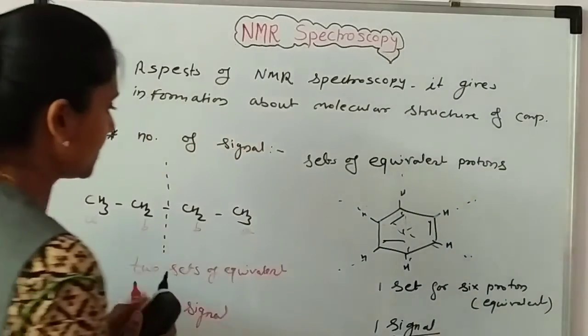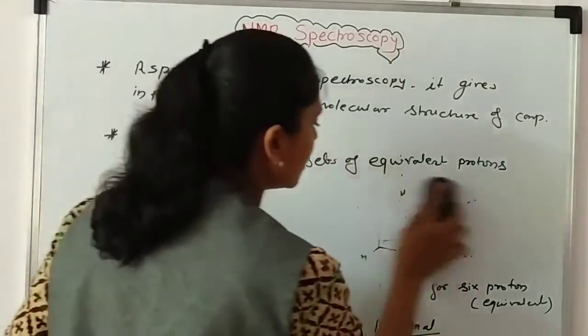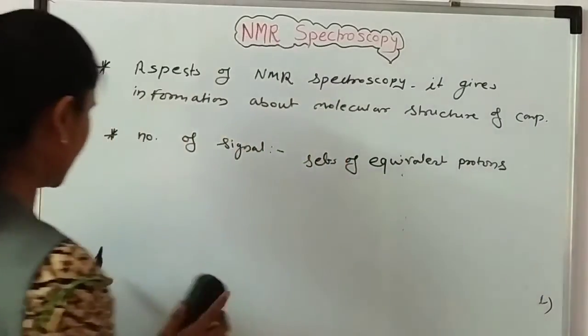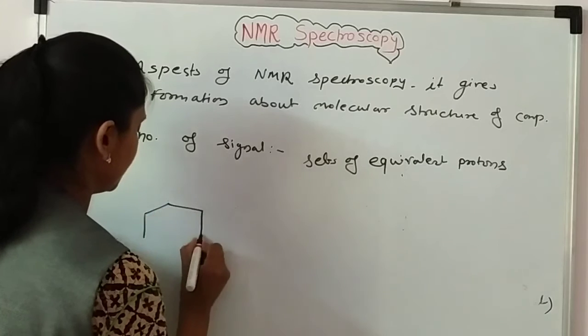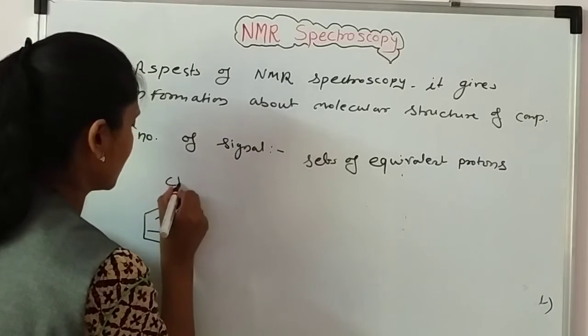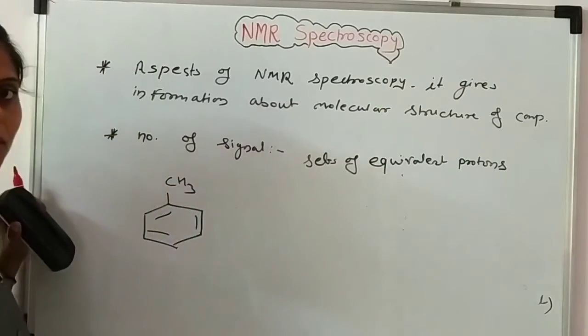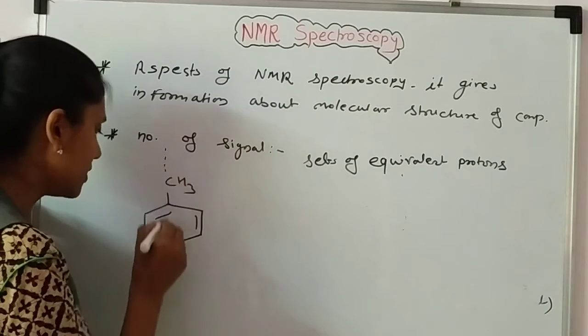Now next, another example we have taken here, the last one. What is the name of this compound? It's toluene. We draw here a symmetry.